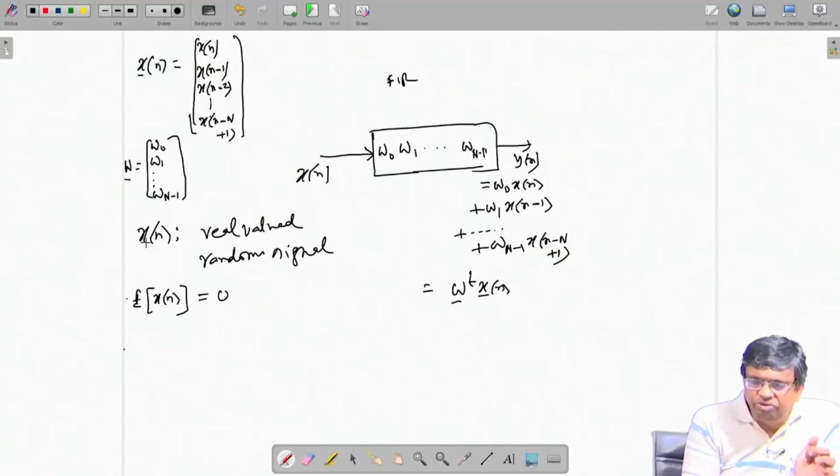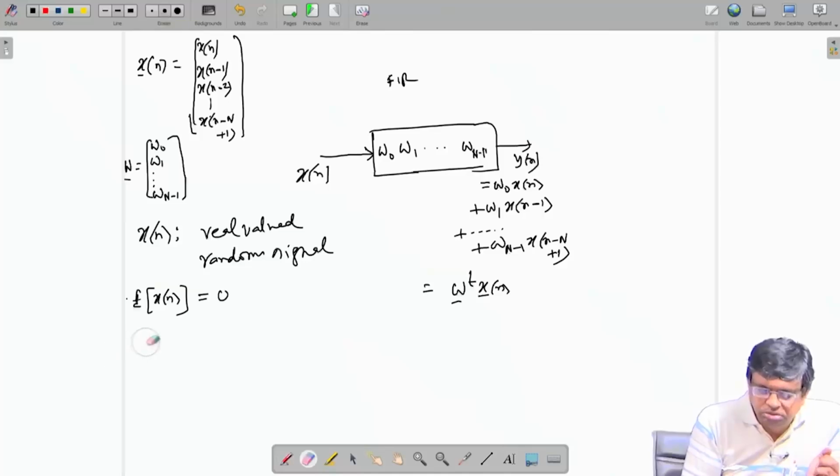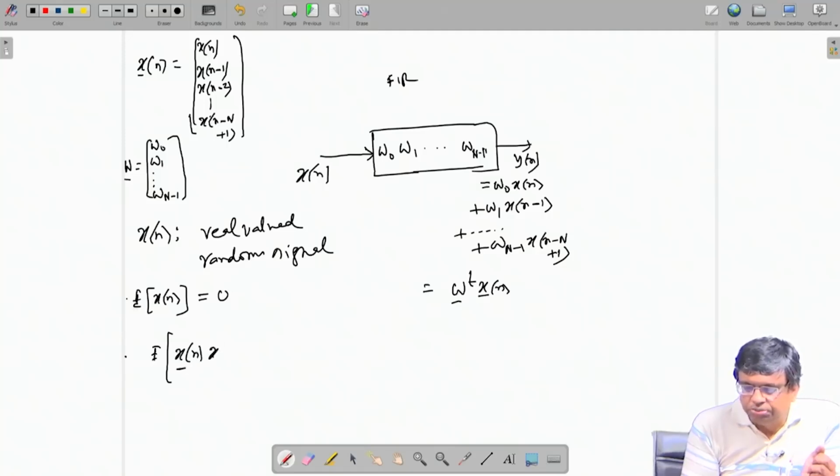What is given? X of n is a real valued random signal. So, all samples are random, every sample has 0 mean, and when it comes to correlation, there is expected value of this column vector into its transpose.